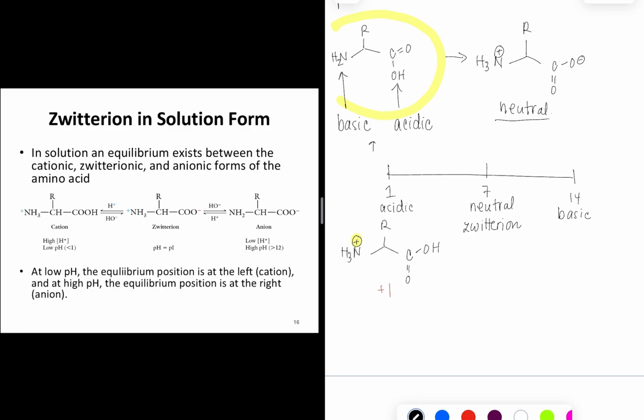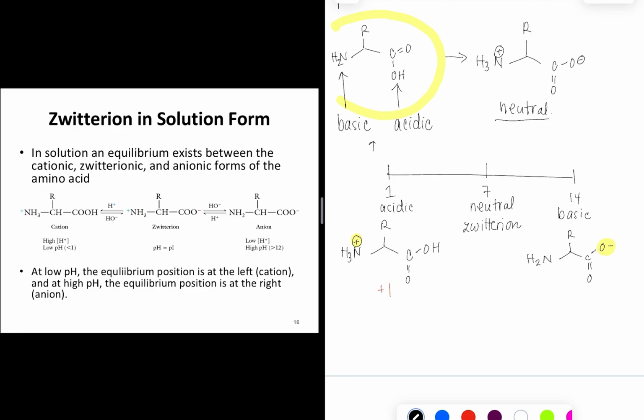If I look at the other side, if it's basic, then that essentially means anything that can be deprotonated will be. So my carboxylate will have that -1 charge, and I'll have my R group, that we're going to say is neutral for now. And then that proton will be removed from the amine group, so that will no longer have a +1 charge. But my carboxylate will have a -1 charge.